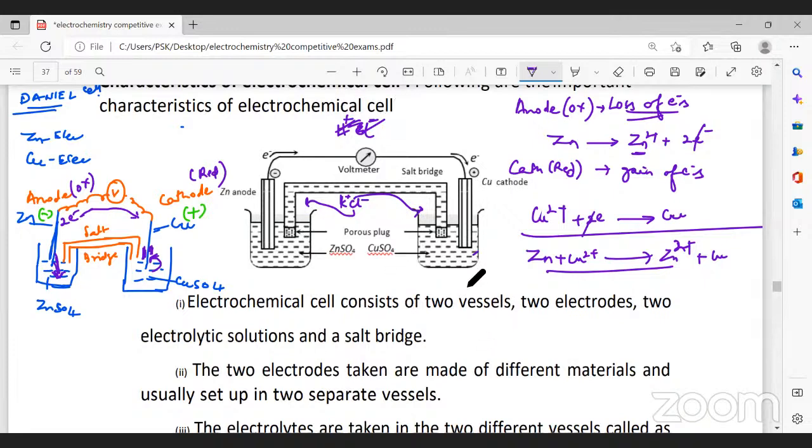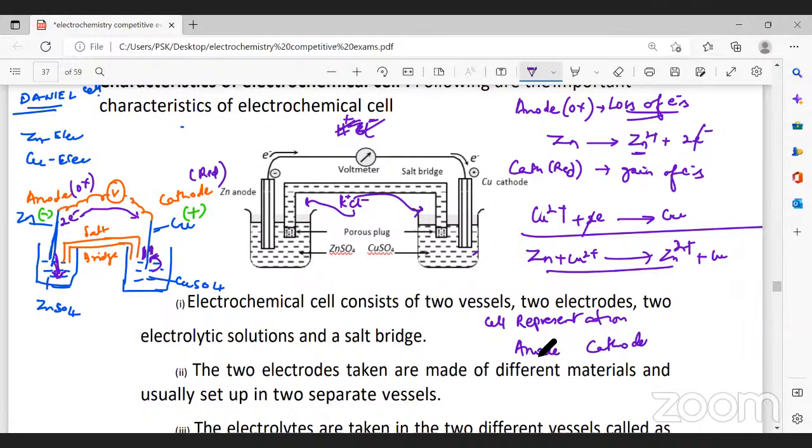Now, cell representation. How do you represent a cell? Always remember, the anode is represented on the left side, and the cathode is represented on the right side.